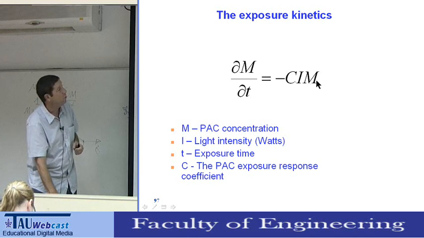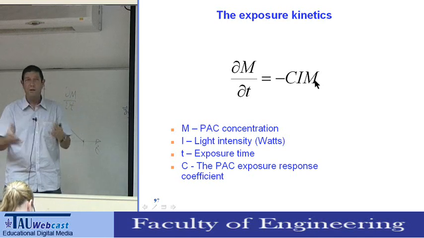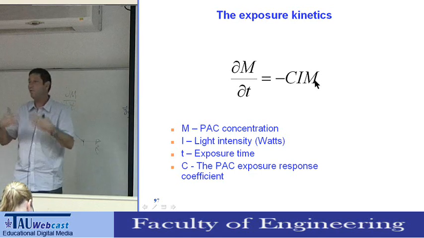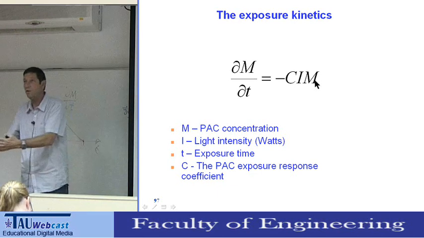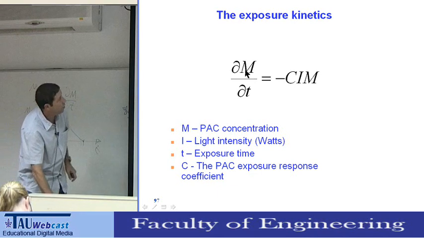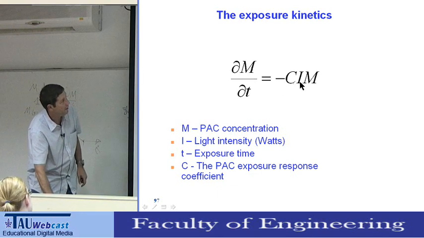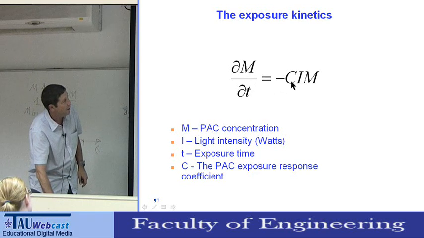But it's also proportional to the number of molecules, because if the probability for destruction of a molecule is constant, the more molecules I have, the more are being destroyed. And this is a nonlinear equation. dM over dt is a constant times I times M. This constant is called C.